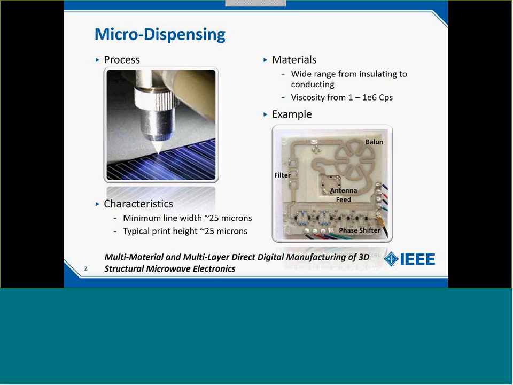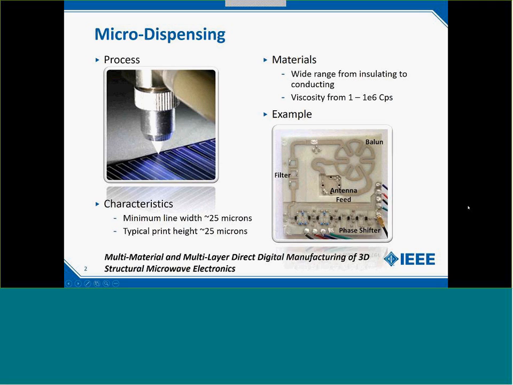One of the nice things about micro-dispensing is because it does use materials from the thick film industry, there's a very wide range available, from dielectric materials, to controlled resistance, and highly conducting silver paste, for example. It's possible to have a very wide range of viscosity. A viscosity of 1 is essentially like water, and up into the million range, that's a relatively thick paste that can be pushed through the nozzle.